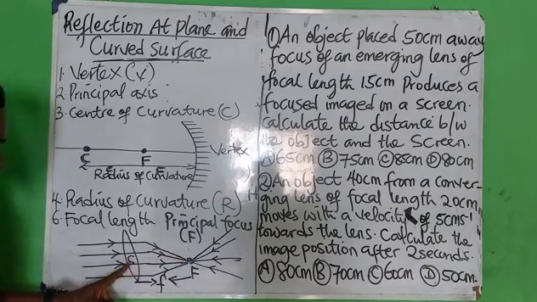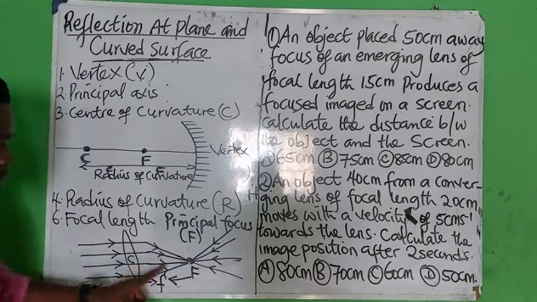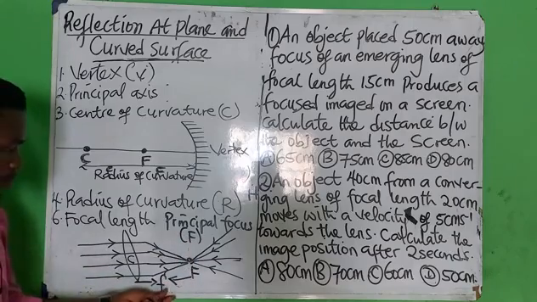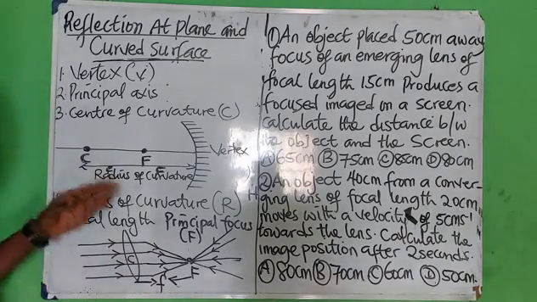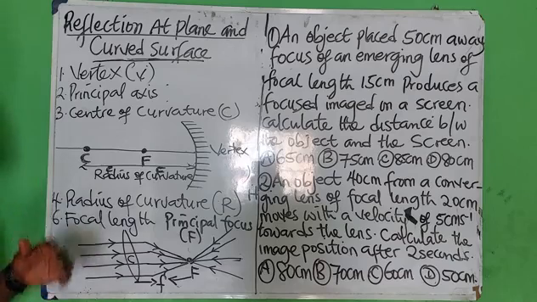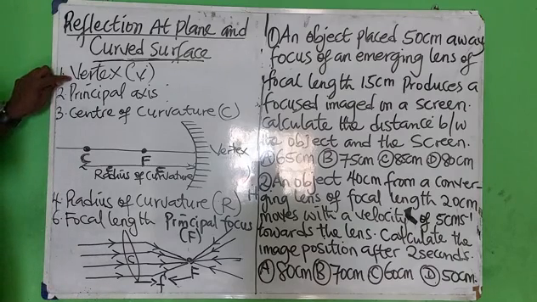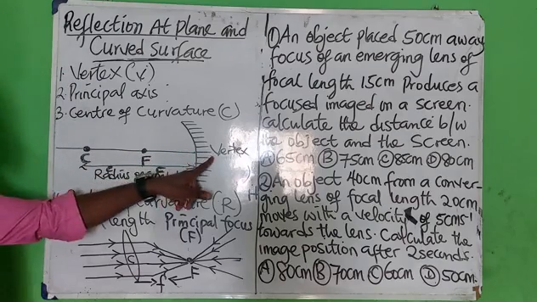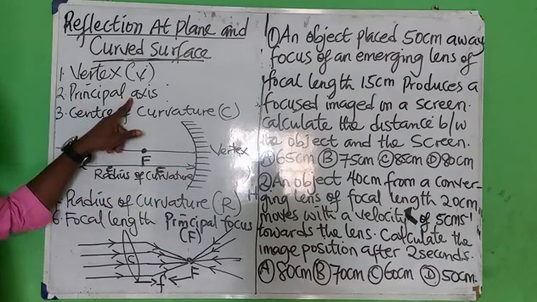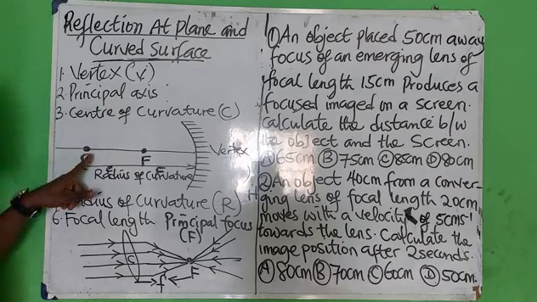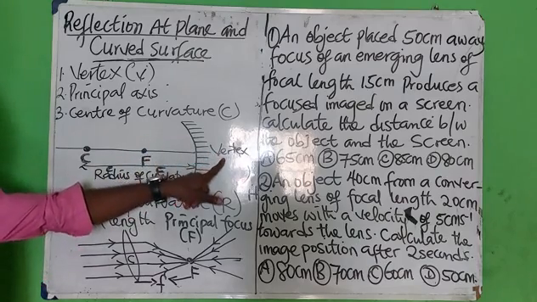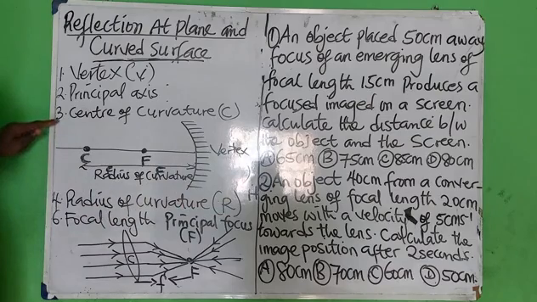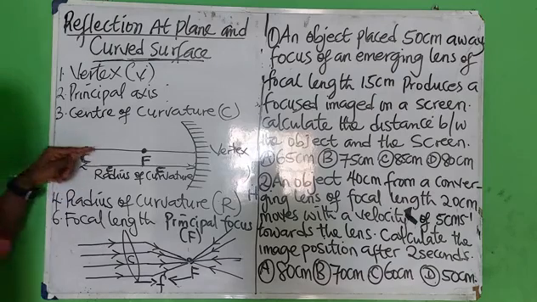The distance between the center of curvature and the principal focus is called the focal length. Please take note of that, it is very important. So these are the various terms associated with curved mirrors. Vertex is the middle surface of the mirror. Principal axis is the line that joins the center of curvature and the principal focus to the vertex. Center of curvature is the point that allows the passage of light through it.